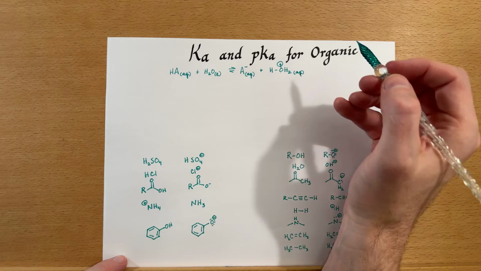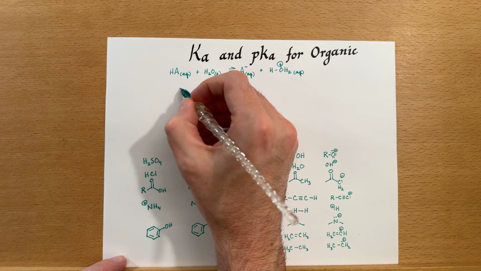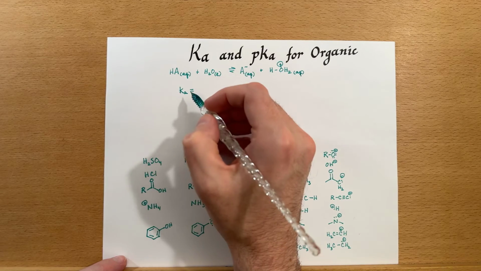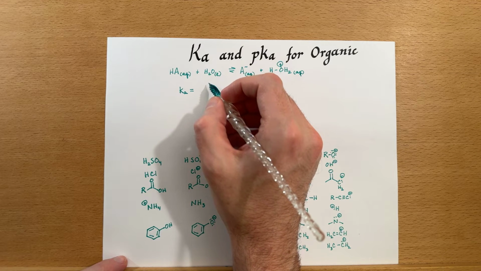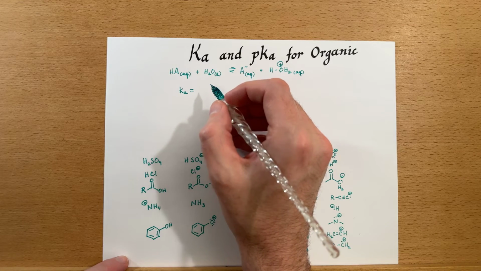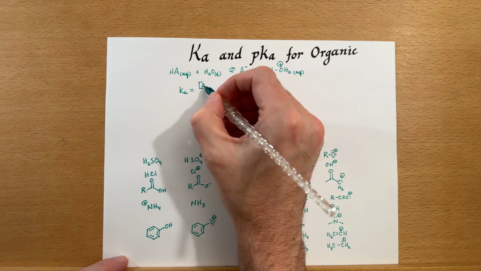And if we were to write the Ka expression for this, which is just the equilibrium constant expression for this equation, and for now, let's assume that we're working in dilute solutions, so we do not need to worry or think about activity.